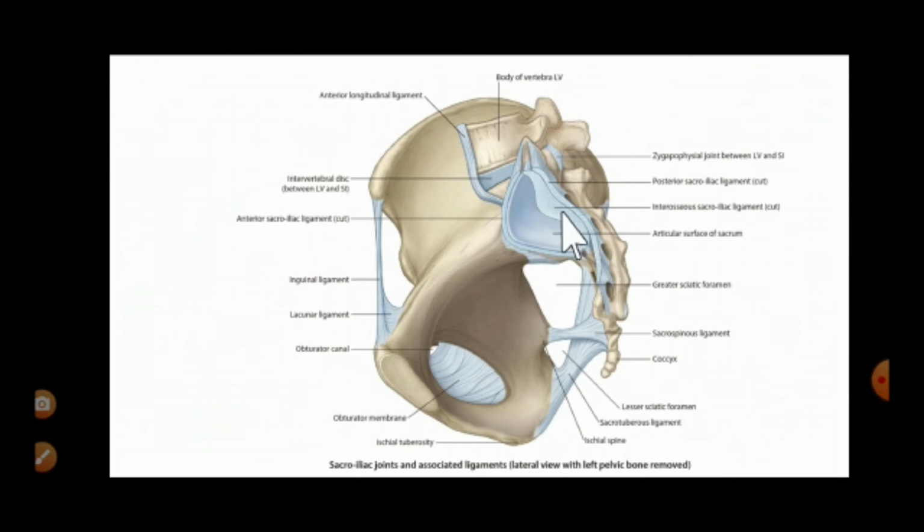Now in this articulated pelvis, the left pelvic bone has been removed, and what we can see is the ischial tuberosity. On this we have the attachment of this ligament, the sacrotuberous ligament, and deeper to that is the sacrospinous ligament.